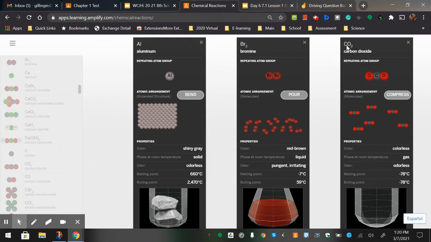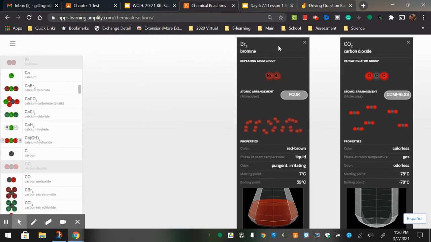Carbon dioxide is carbon and two oxygens. So I get an idea, and then I have the pictures down here to give me an idea of what it looks like. And that can help you establish the macroscopic, which is big, and the molecular, which is very, very, very tiny.